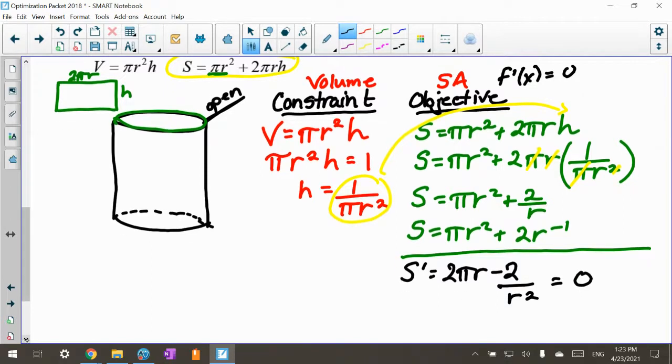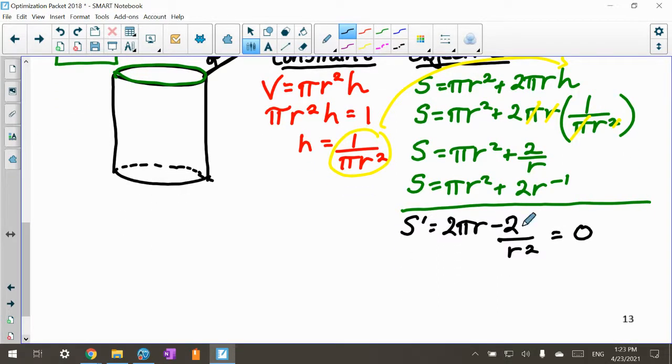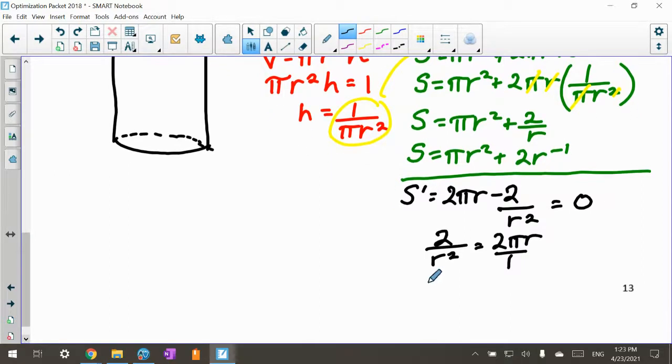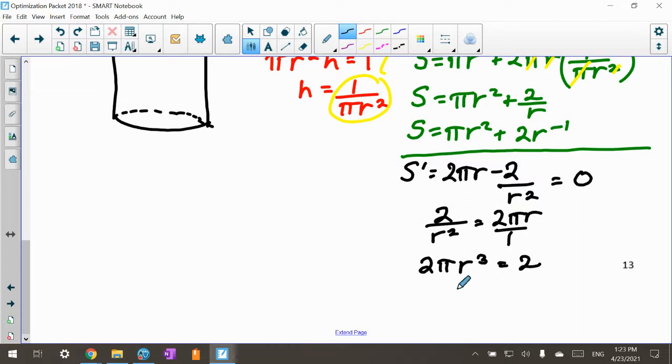Okay, so now I'm going to cross multiply after I move this over. So I have 2 over r squared equals 2 pi r. Cross multiply. I have 2 pi r cubed equals 2. And we're solving for r. So r cubed equals 2 over 2 pi, or 1 over pi.